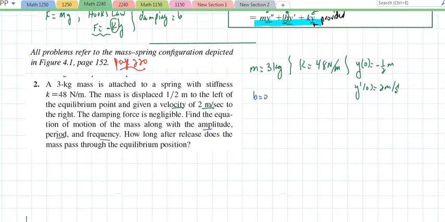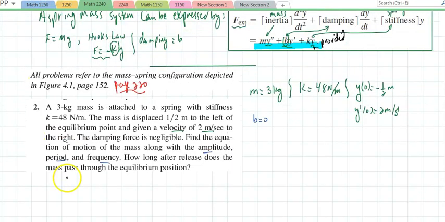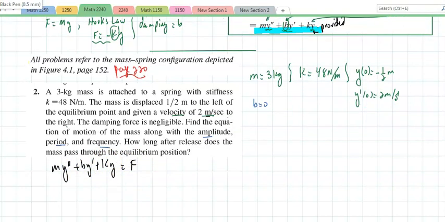Alright, let's get the equation first. That's normally the key. If you find the equation, you're in good shape. So we know that m y double prime plus b y prime plus k y equals the external force.